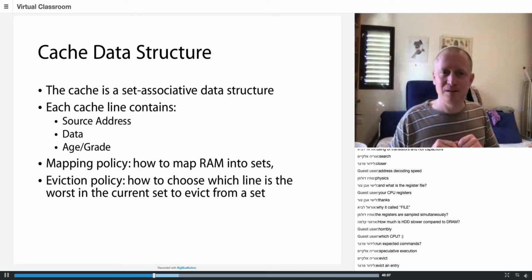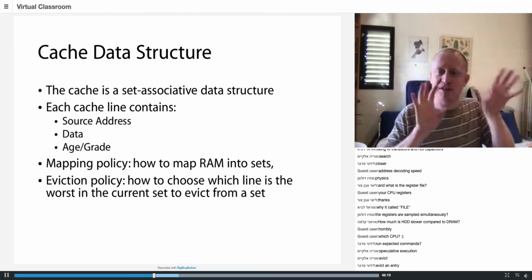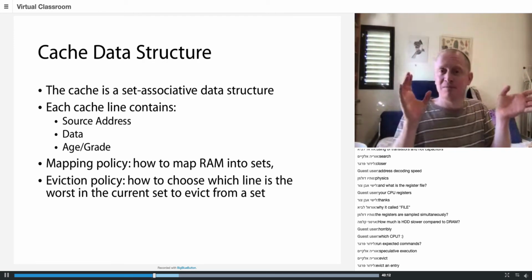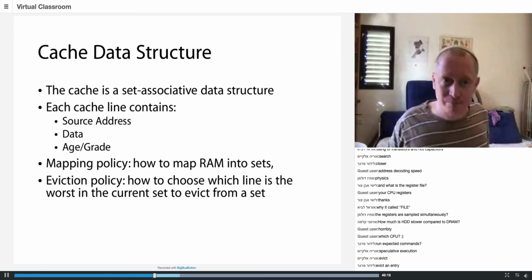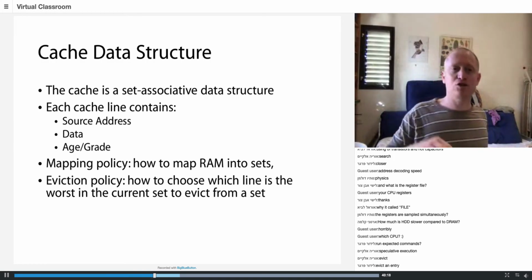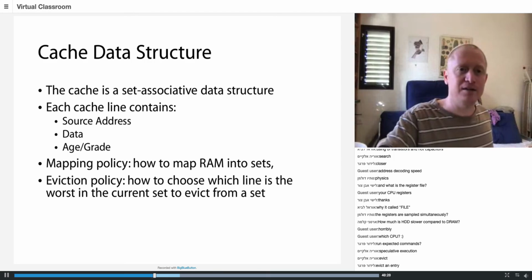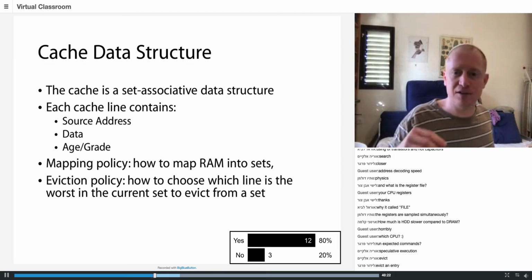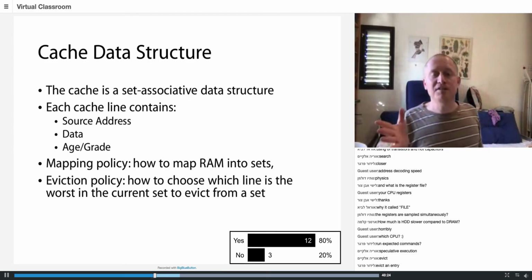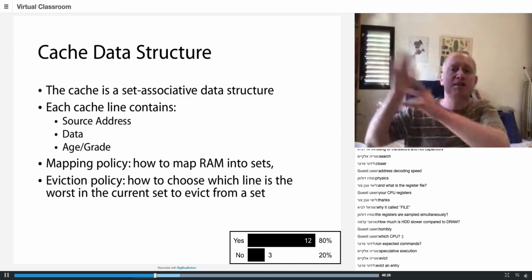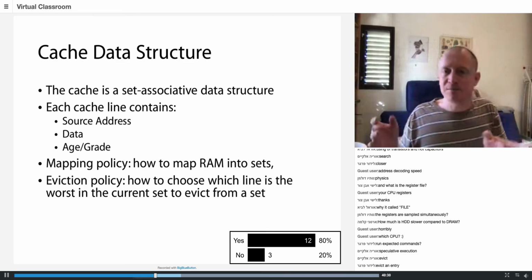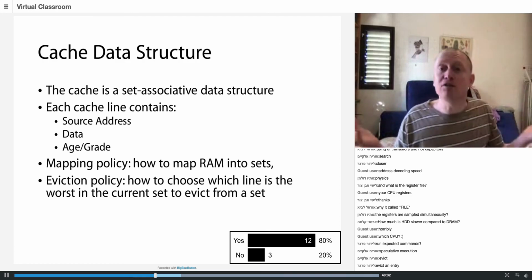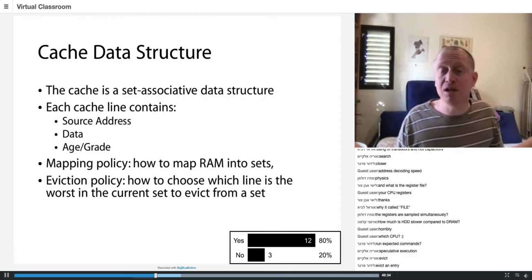So I have two processes which are isolated. They can't access each other's memory. Can they go into the same set in the cache? And the answer is, as you said, yes. Each of them is accessing their own memory, but they still go into the same cache set. But they're isolated from each other. How can that be? Why don't you give each one of them a different set?